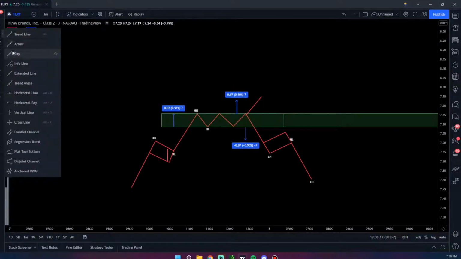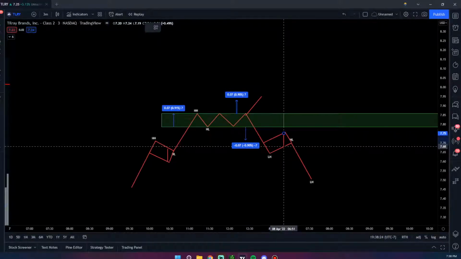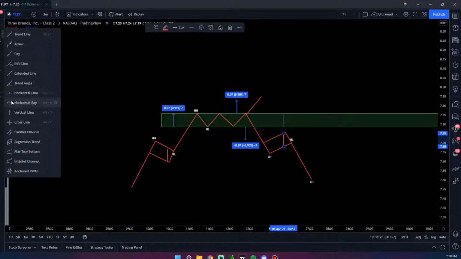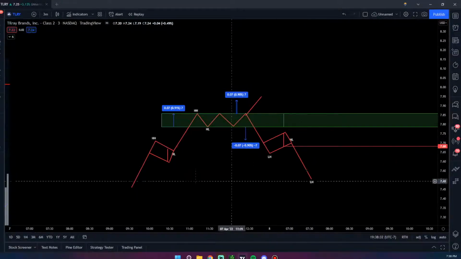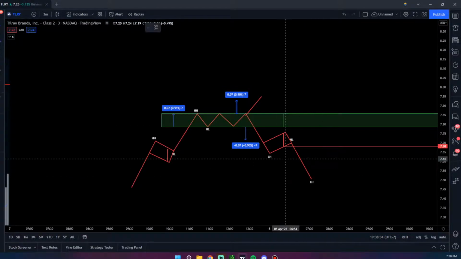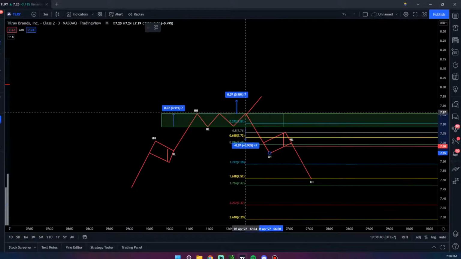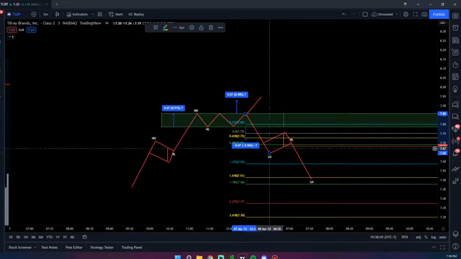For our bear flag, same thing. If our last touch was a candle from here to here, you're going to draw your line. This becomes your entry. And then your fibs, again, you take from top to bottom, or inverse, your bottom to the top.